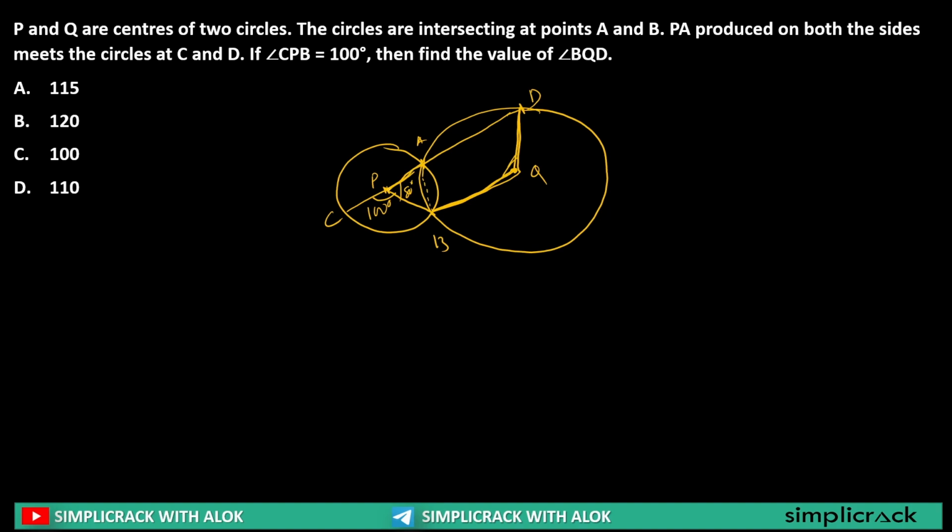These both are radii, so both the angles will be equal. So this angle is 50, because 180 minus 80 is equal to 100, and half of that is 50, and this one is also 50 degrees. Now let's draw one more thing over here. Let's say X is a point after extending B and D.